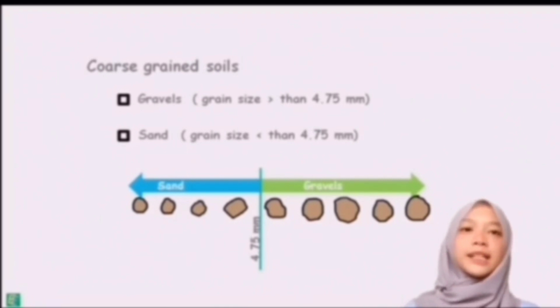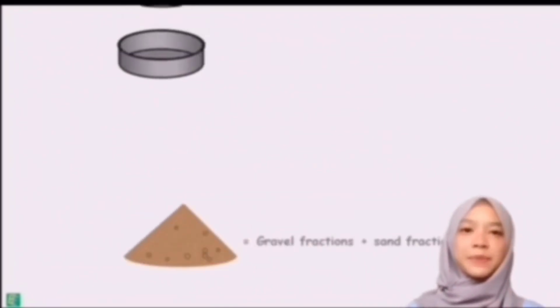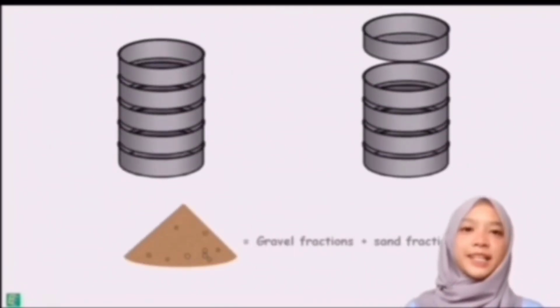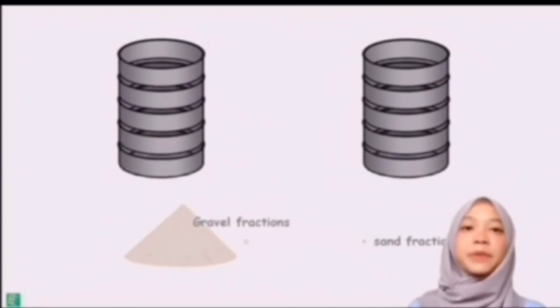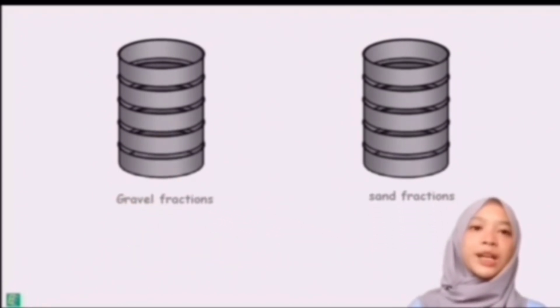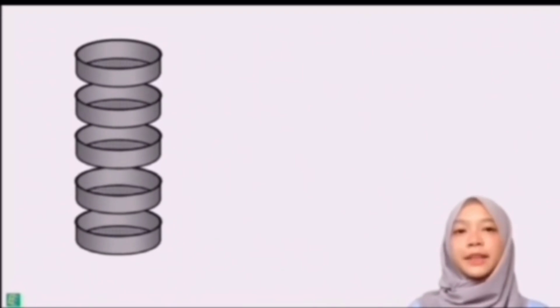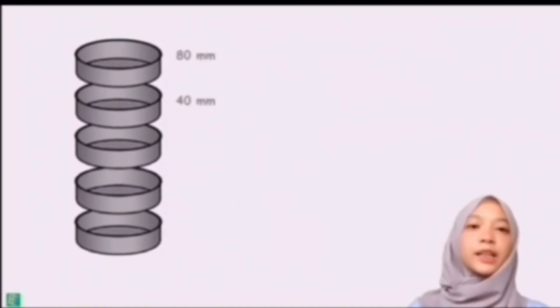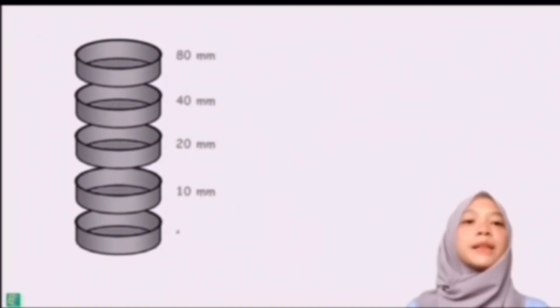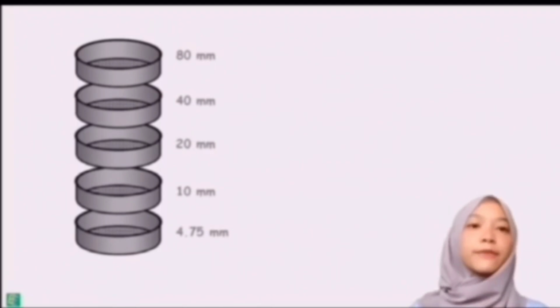Then for sieve analysis of a sample, we need two sets of sieves, one for the gravel fraction and another for the sand fraction. For the gravel fraction, we use sizes 80 mm, 40 mm, 20 mm, 10 mm and 4.75 mm.